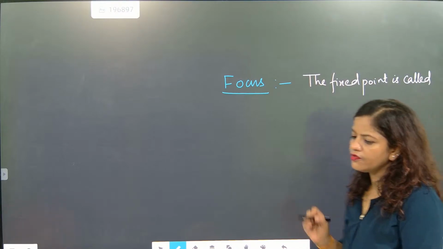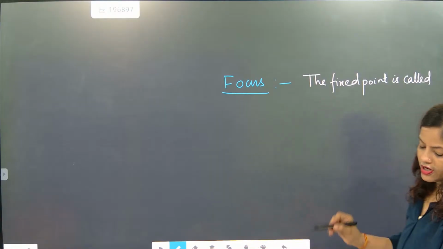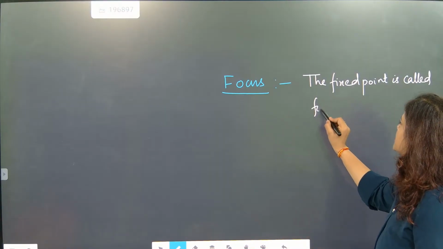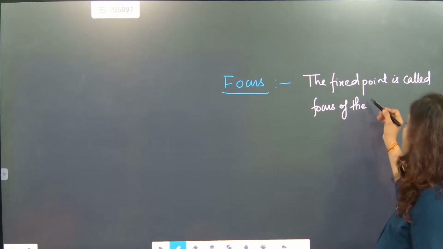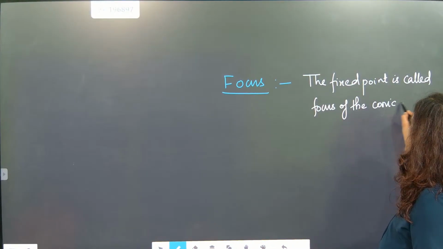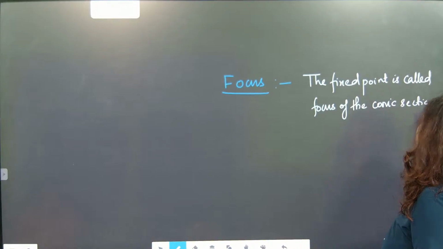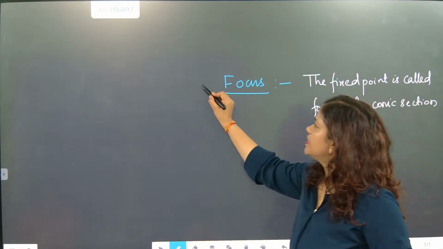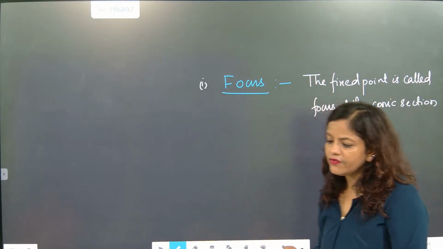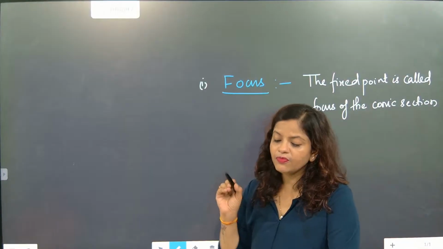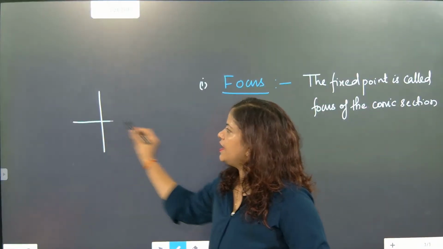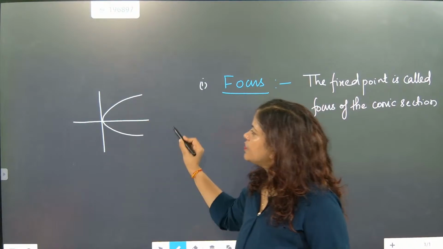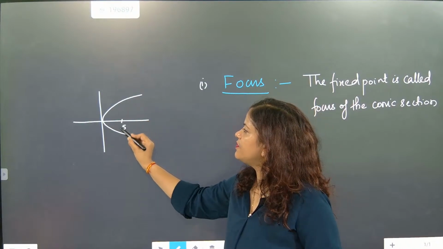The fixed point is called focus of the conic section. So focus is the fixed point of the conic section. Whenever we are drawing, the focus will be fixed on the axis. If I am drawing a parabola, in that parabola the focus will be fixed here.